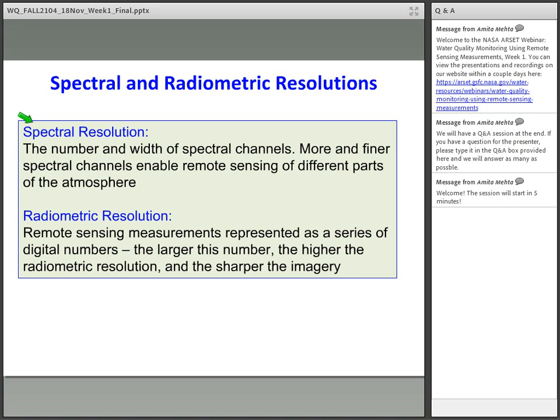So it is very important to know which part of the electromagnetic spectrum is sensed, and what the channel characteristics and widths are. Radiometric resolution is how the data are measured and then stored in terms of digital numbers. The larger this number, the more accurate the information. And the sharper the imagery, the larger the radiometric resolution.